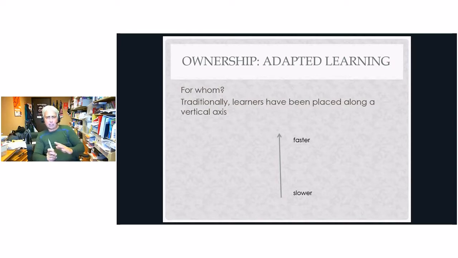Okay, we have the slow ones, and then we have the ones in the middle, and then the faster learners. And this is typically exemplified when we get to textbooks, like an A text, a B text, or a C text, or level 1, level 2, level 3 steps or texts.